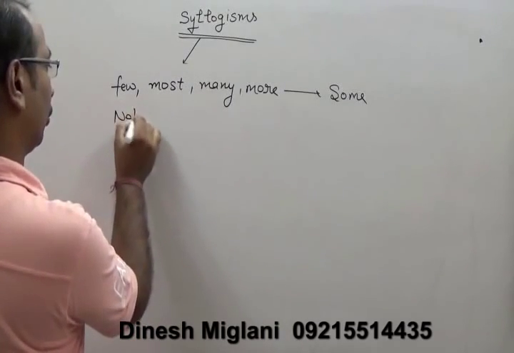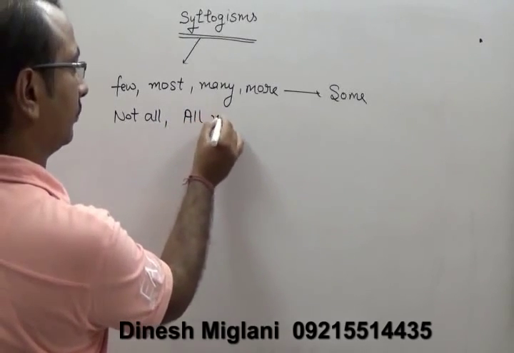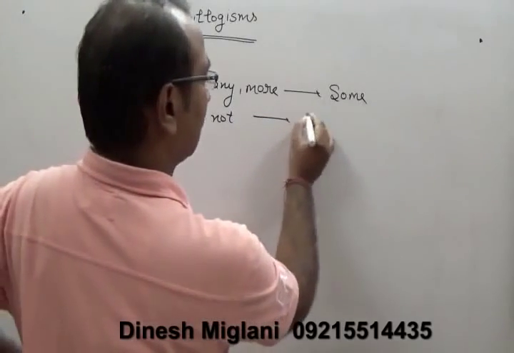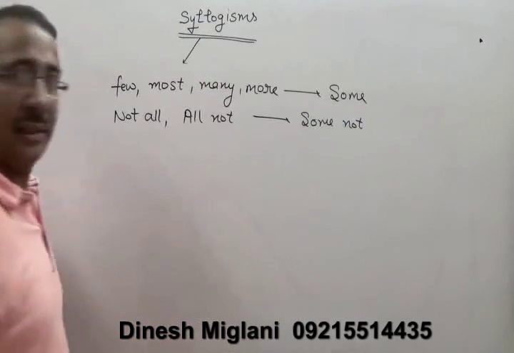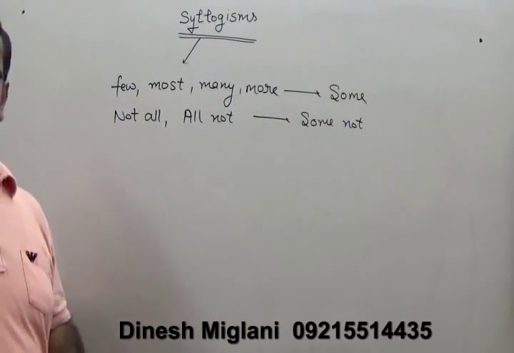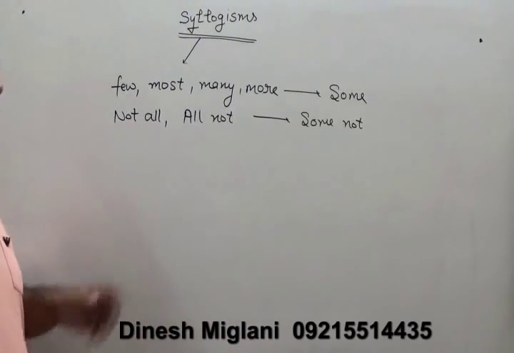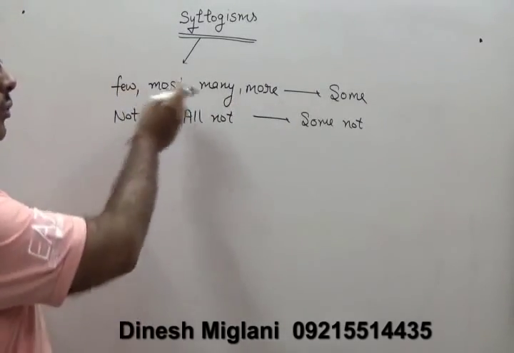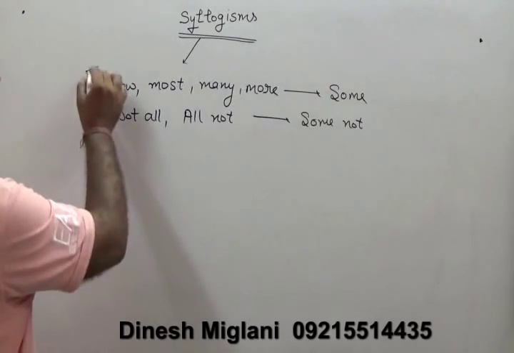Similarly, not all means some not. It nowhere means no. If I state not all things, I cannot say no thing. It means some things are not. It nowhere means total. If I say few, most, many, more, that means some. You have to take care of that.